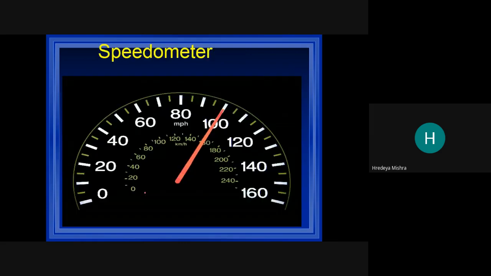See here, mph is miles per hour and km/h is kilometers per hour. If your indication is like 80 miles per hour, it means your vehicle is running between 120 and 140 kilometers per hour.